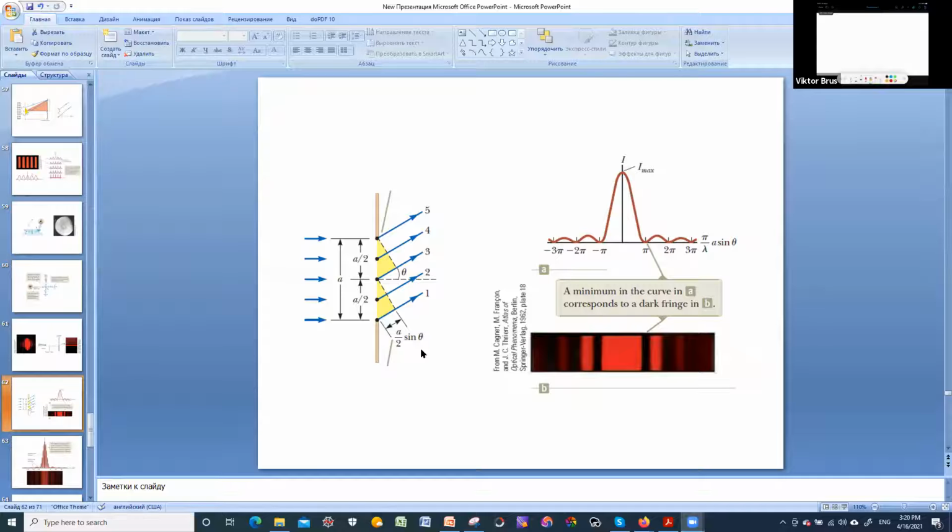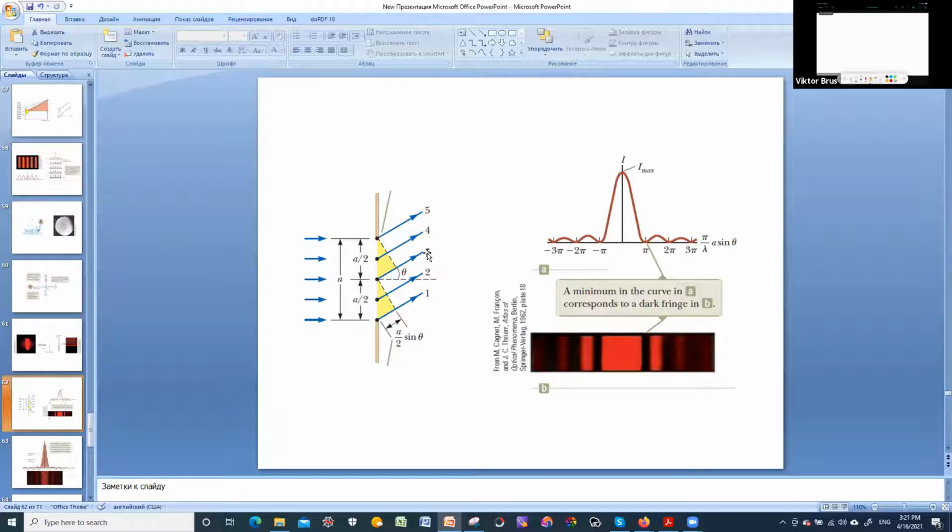So if this path difference is exactly half of the wavelength of the light hitting this slit, corresponding to a phase shift of 180 degrees, the pairs of waves originating from points which are away from each other by half of the width of the slit will form destructive interference.